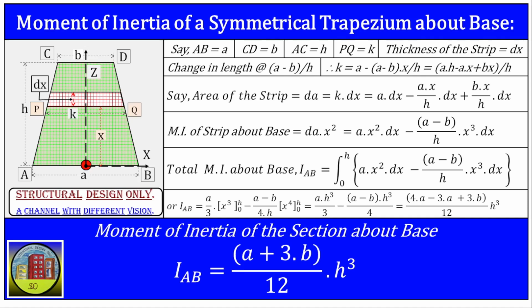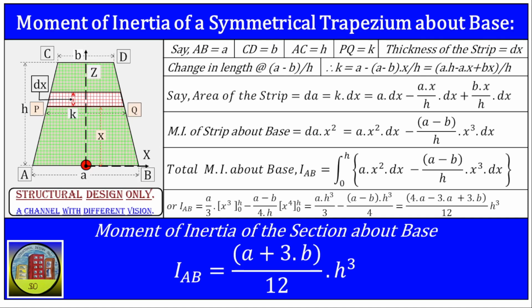Simplifying this expression further, we arrive at IAB equals a into h cubed by 3 minus (a minus b) into h cubed by 4, which can be combined to give (4a minus 3a plus 3b) by 12 multiplied by h cubed.